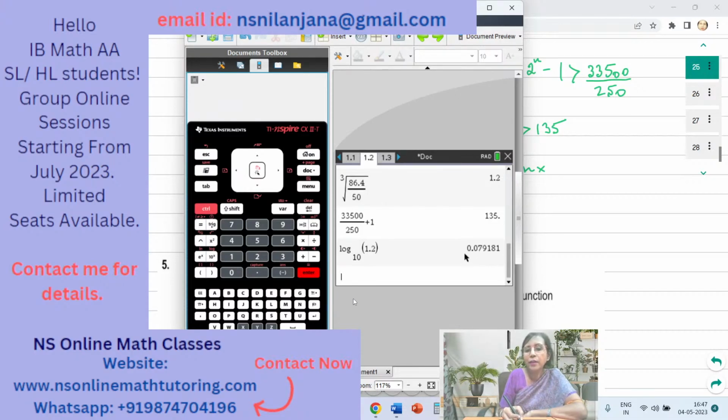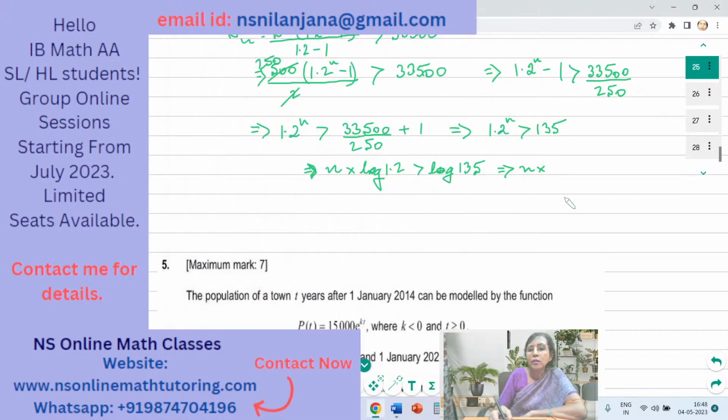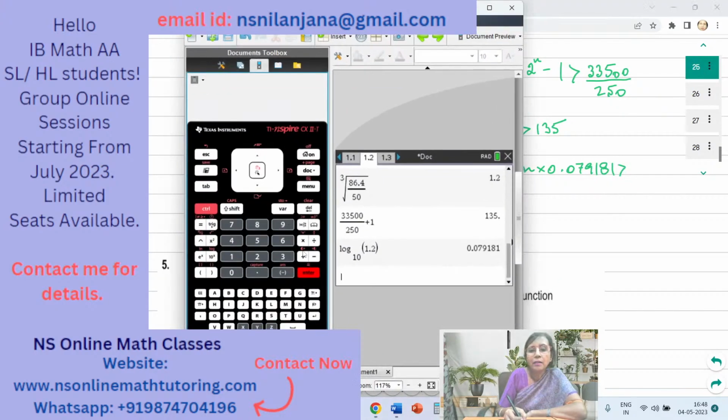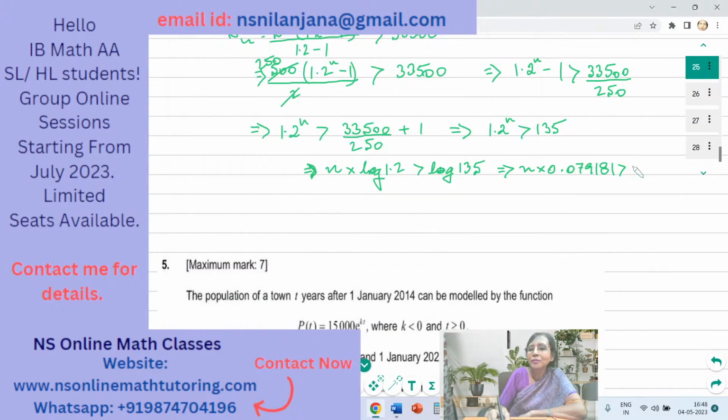This is 0.079181, is greater than log of 135. What is that? 2.13033, so 2.1303. Okay.